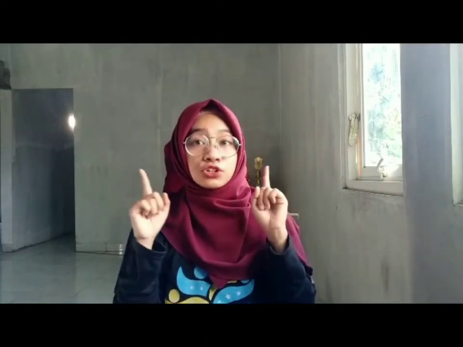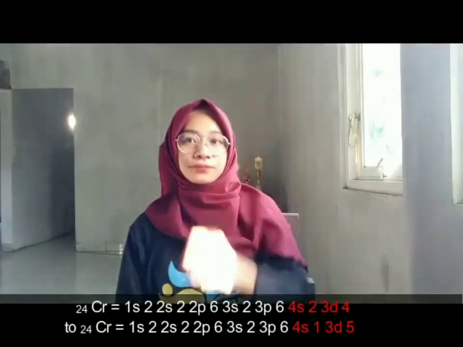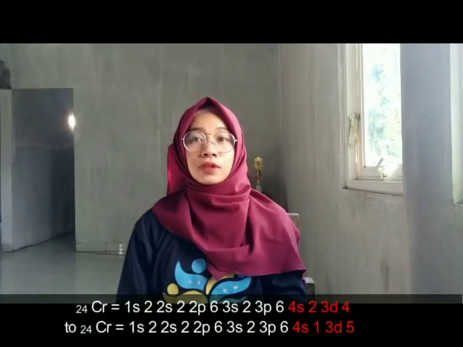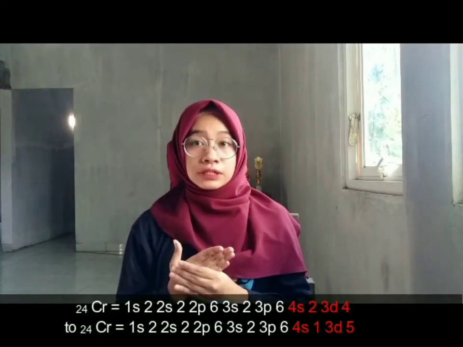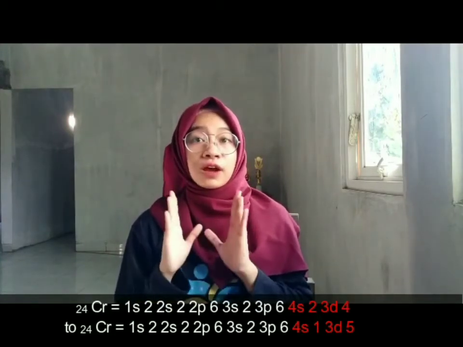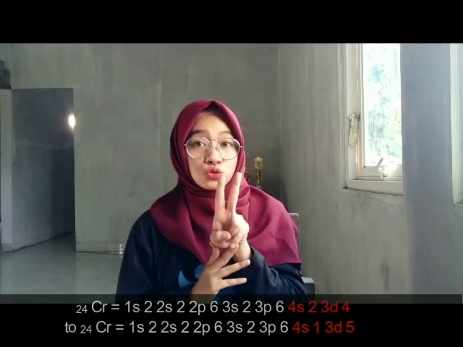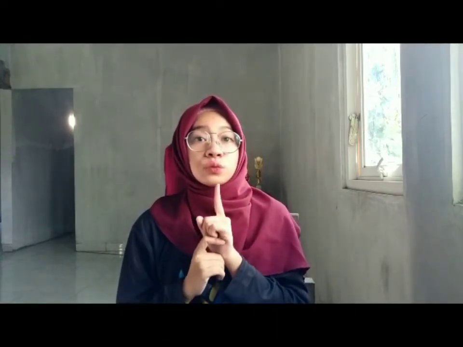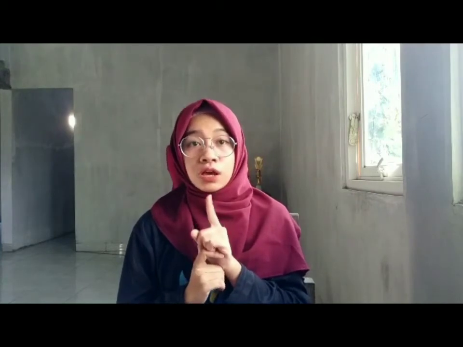To better understand the theory, also consider the example below. From the example, if 4s is filled with 2 electrons, then 3d is short 1 electron to become half full. The electron from 4s will move to 3d. This also applies to other cases.